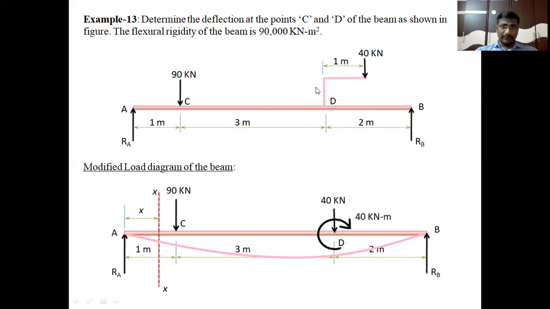So 40 into 1 is 40 kilonewton meter, which is the moment developed due to this 40 kilonewtons, and also a direct load acting at point D due to this 40 kilonewtons.